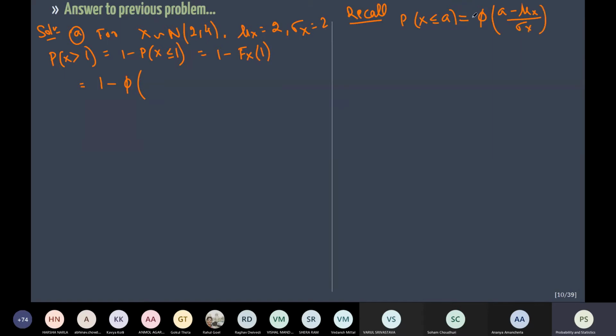These are the results we did. We are doing this scaling because it's a general normal distribution, so we have to do something like this.